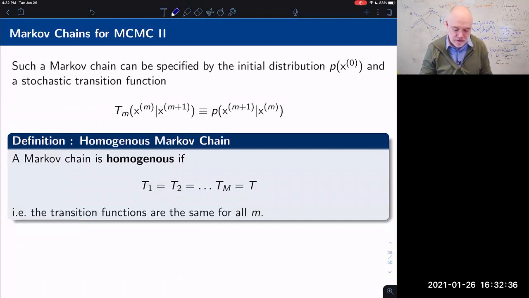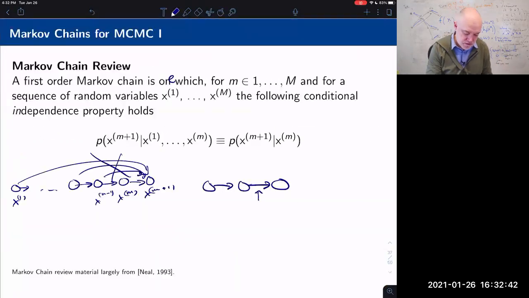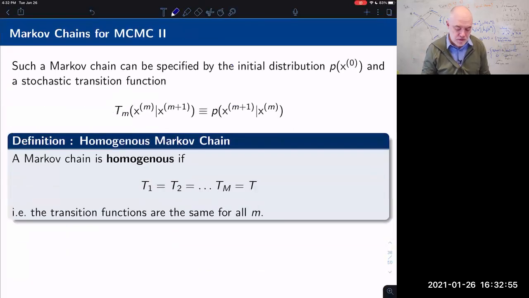Such a Markov chain, not surprisingly, also obvious in the graphical modeling sense, can be specified by the initial distribution P of x naught. I guess I should have made this x naught. So whatever P of x naught is, there's some probability for this random variable, and then a conditional probability for each of the transitions going forward. I'm using notation that you will find if you read additional literature on this, which I find a little bit annoying.